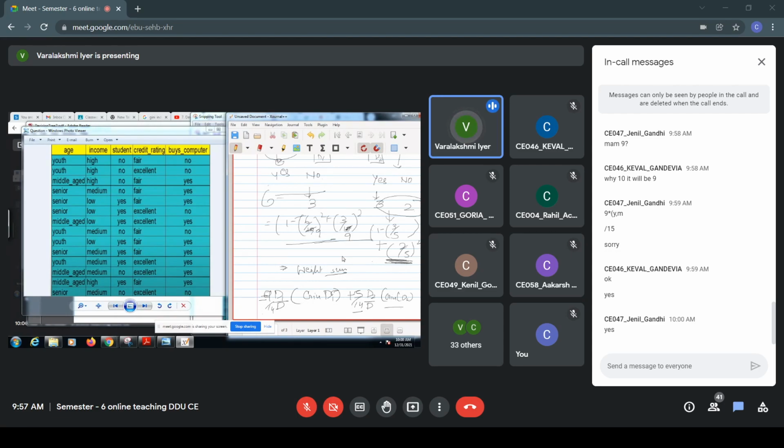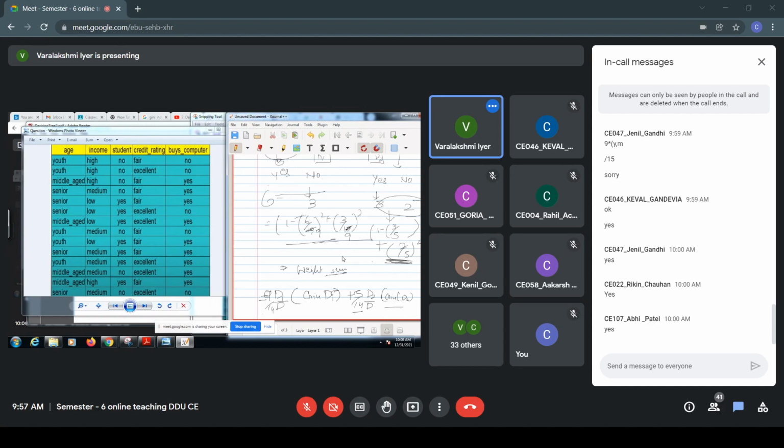Others who are not replying in this chat, I suppose they are also getting this solution. Yes, 0.45, right. Is it 0.45?